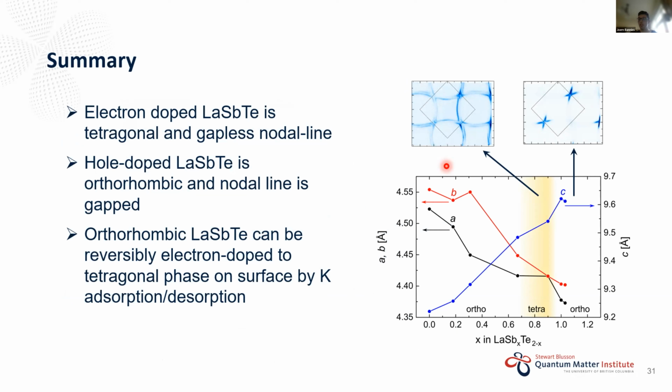So this system really presents, again, a unique opportunity where we can both achieve this doping and change the topology as a function of small changes in the bulk doping, but even more so if you want a more pure version of electron doping, through the surface doping that I've presented in the last few slides.